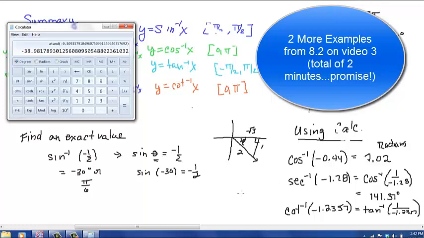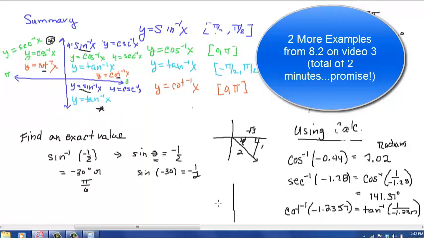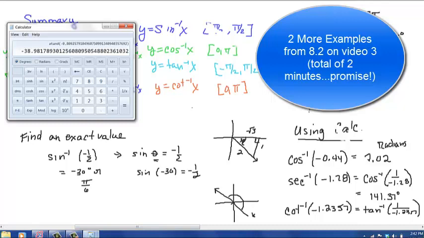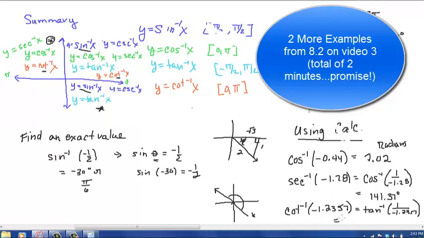So if I don't want that angle down here, I want it over here in quadrant 2. So I just need to add 180. So cotan inverse of this negative number will be equal to about 141.0.